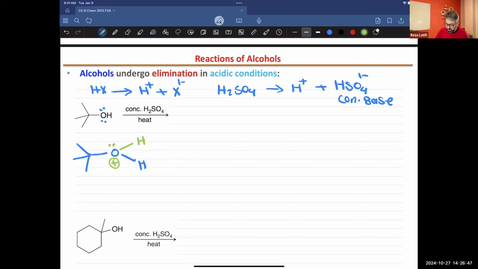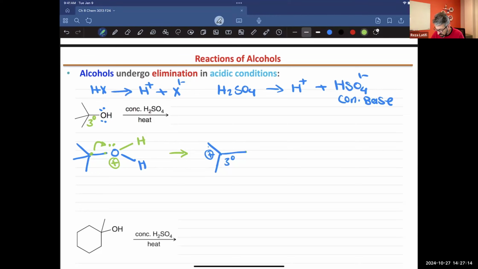Oxygen is not going to be happy, so it will try to steal those two electrons and leave the system with a positive charge, or technically a carbocation. We started with a tertiary alcohol, so that tertiary alcohol is capable of accommodating a positive charge, and it will give us a tertiary carbocation. A tertiary carbocation can easily handle the positive charge.